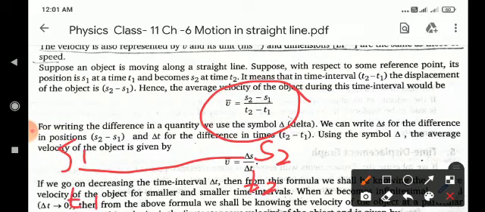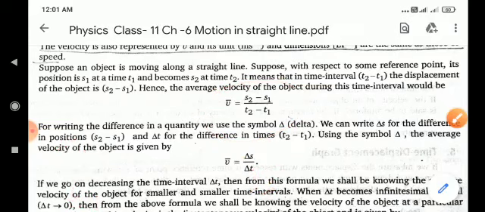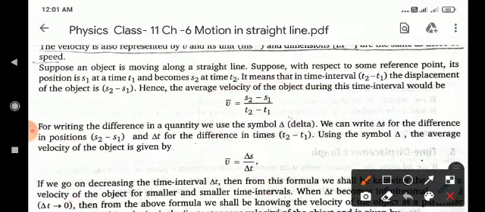In the time interval t2 minus t1 the displacement of the object is s2 minus s1. Hence the average velocity is s2 minus s1 upon t2 minus t1, in other words delta s upon delta t. Delta means the difference of the two displacements and the difference between the two times.